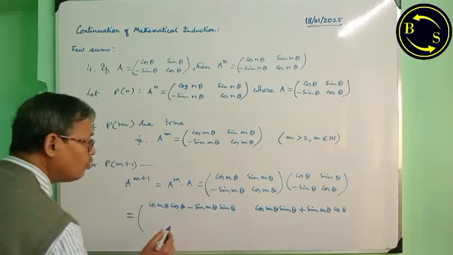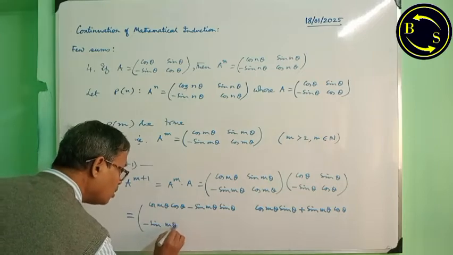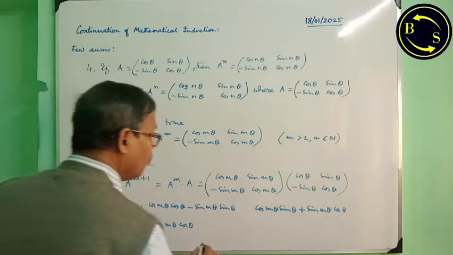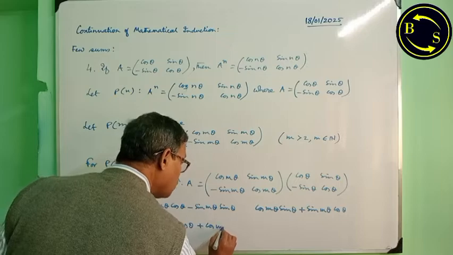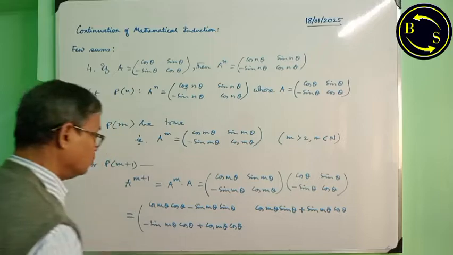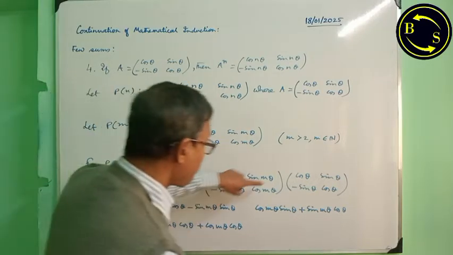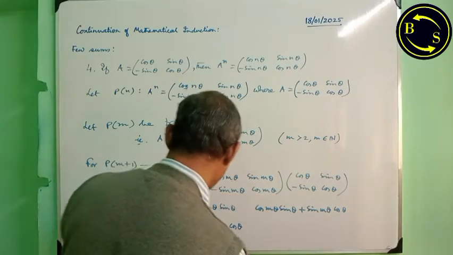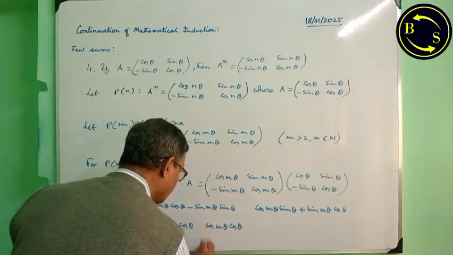For the second row, minus sin m theta cos theta plus cos m theta sin theta, sorry, I have written wrongly.